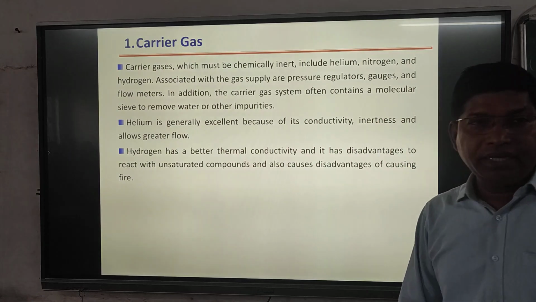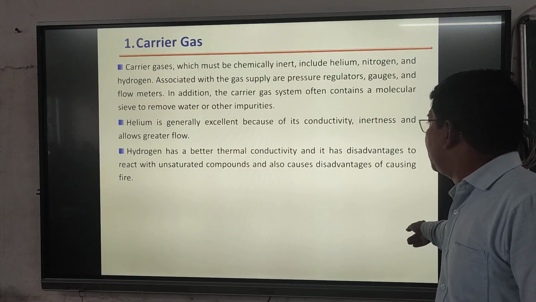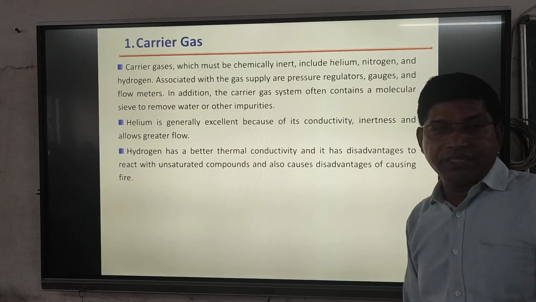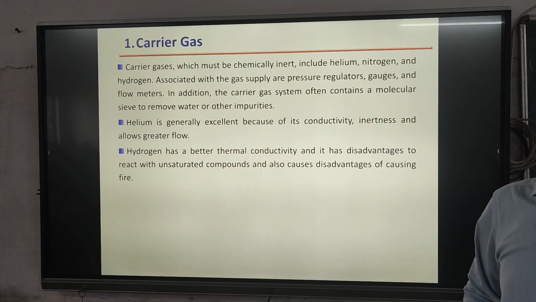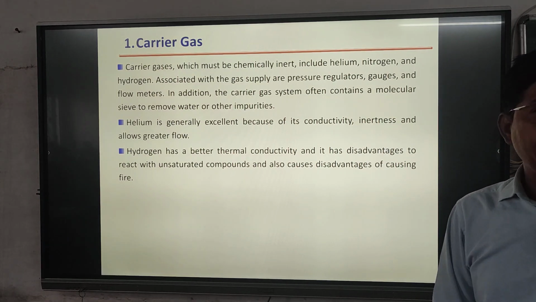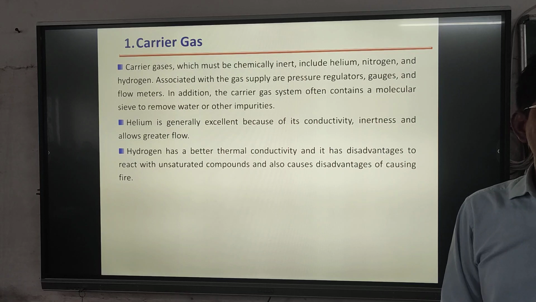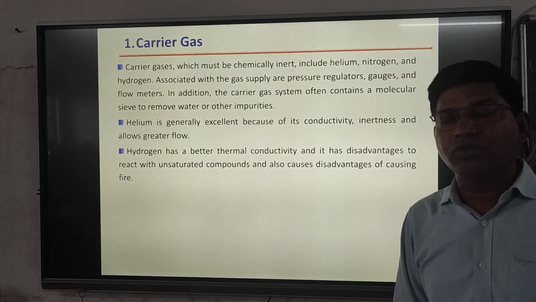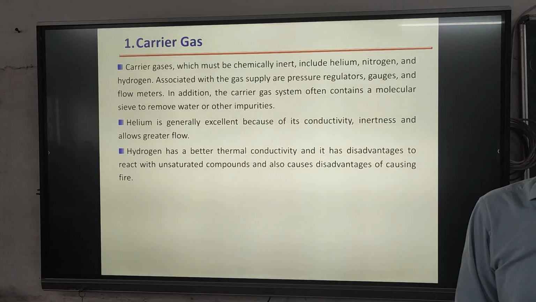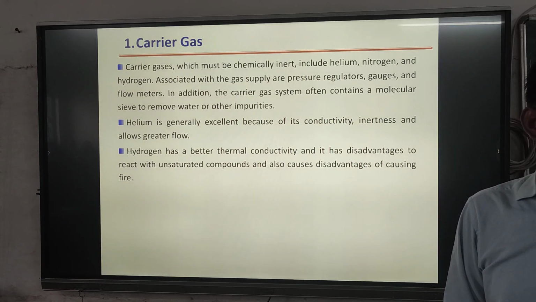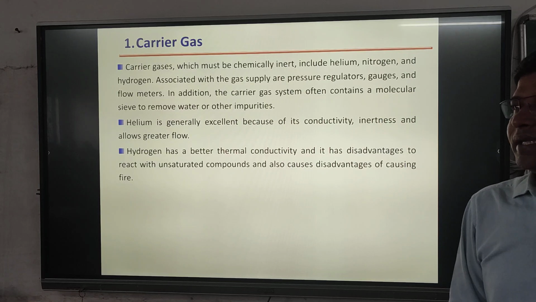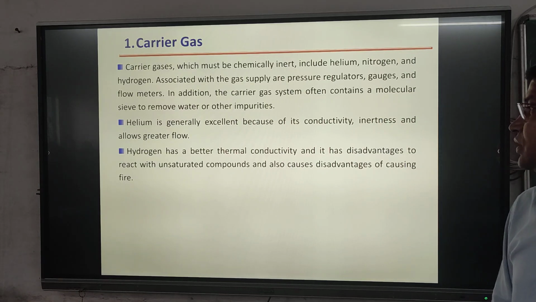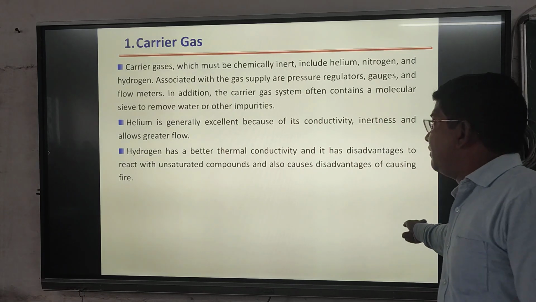Hydrogen has a better thermal conductivity, but its disadvantage is that it reacts with unsaturated compounds. Most of the organic compounds that we analyze in gas chromatography are unsaturated, and there is a chance of addition reaction to the unsaturated compound.